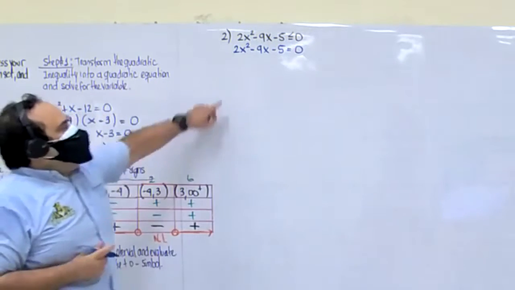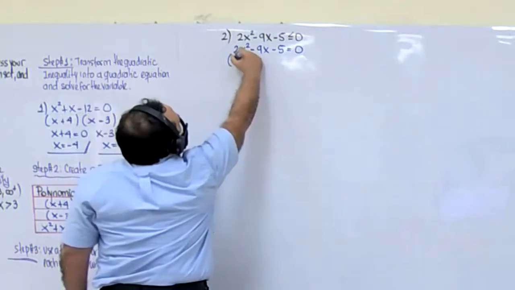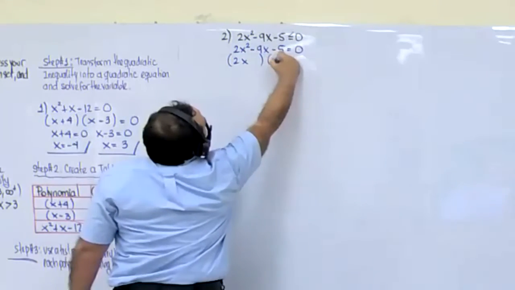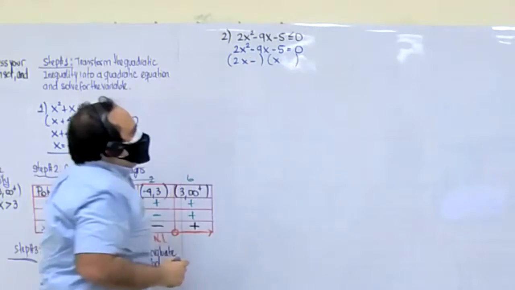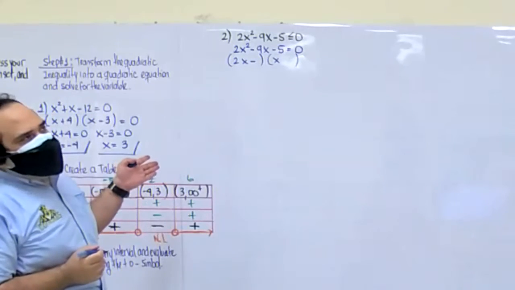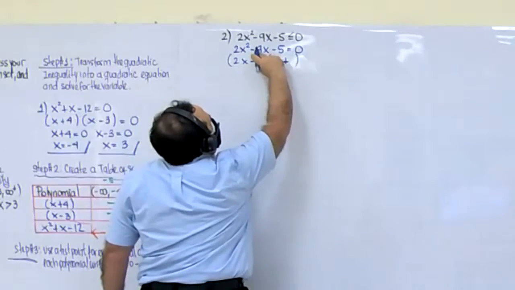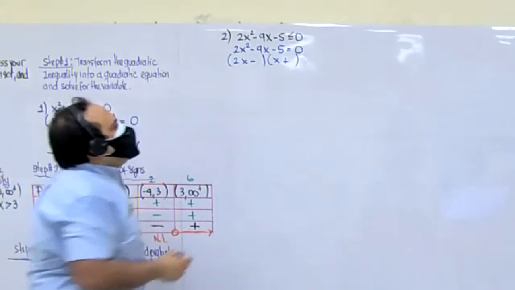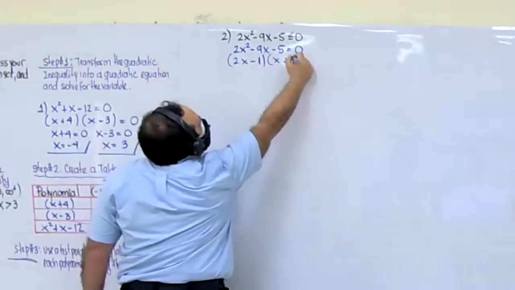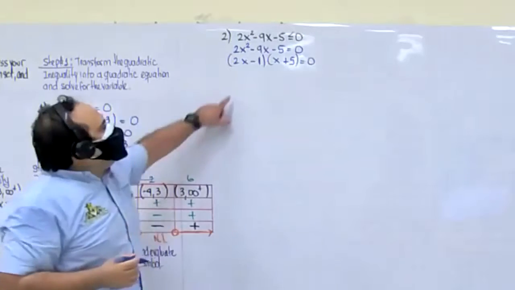Give me a couple numbers whose product gives 2, that will be 2x and x. The first sign is negative. The second one is the product between them. Negative times negative will be positive. A couple numbers whose product gives 5 will be 1 and 5. And let's check the answer.